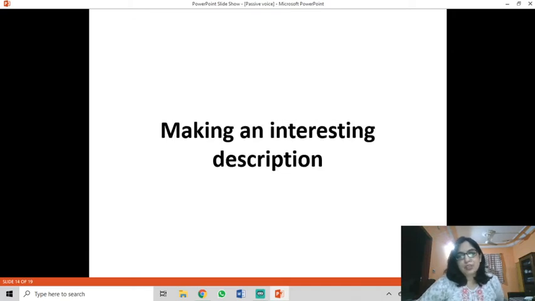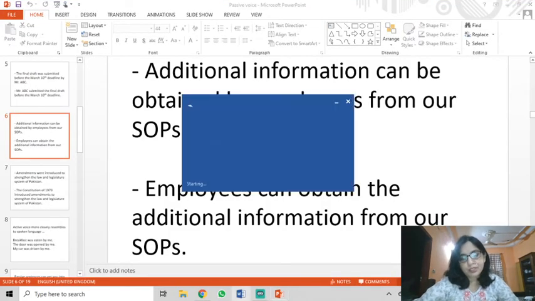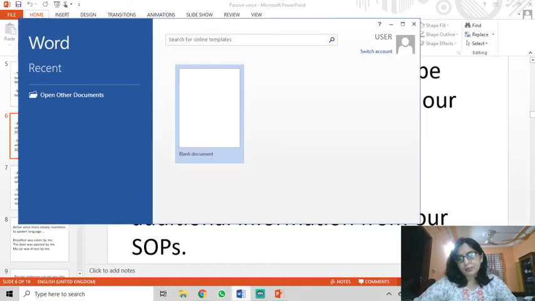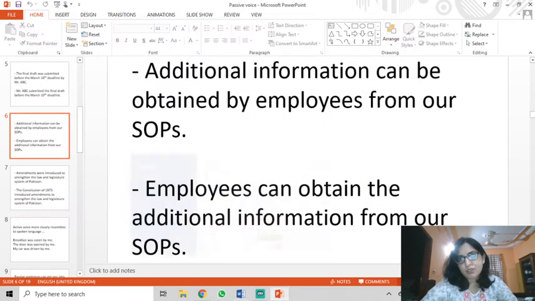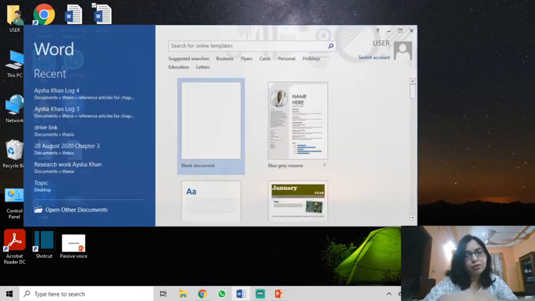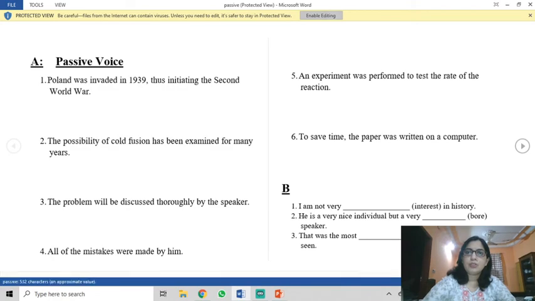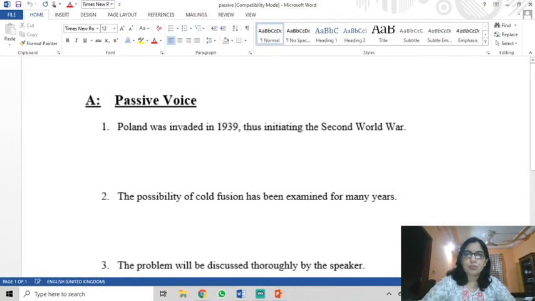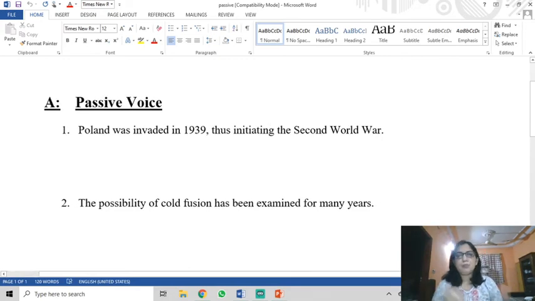So these are a few examples that I wanted to give, and now I would like to give you a small activity on passive voice. If you read sentence number one, Poland was invaded in 1939, thus initiating the Second World War.